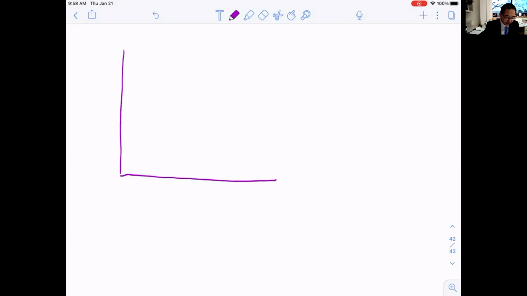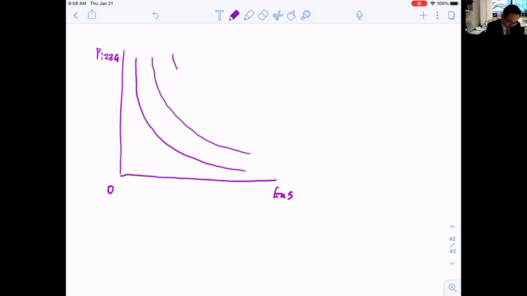For a typical indifference curve, again, you have the goods that you are consuming, right? So in this case, we'll just stick with pizza and gas. And then indifference curves typically look something like this. So you can have I1, I2, I3, and these are 3 different levels of utility or happiness.